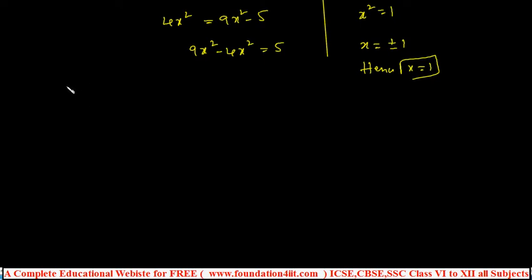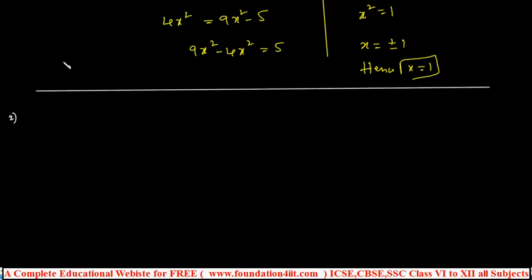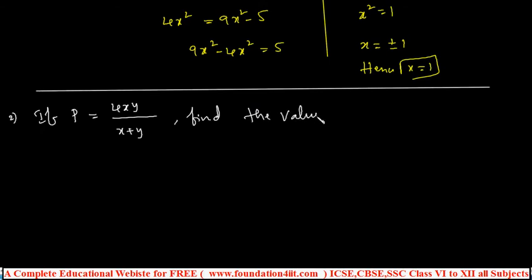Okay, if you see in this, if p is equal to 4xy by x plus y, then for example they'll give one value, then find the value of p plus 2x by p minus 2x plus p plus 2y by p minus 2y. So this value you need to find out.